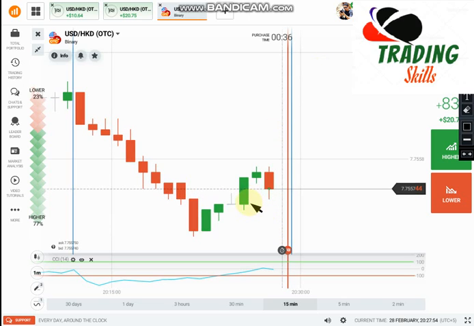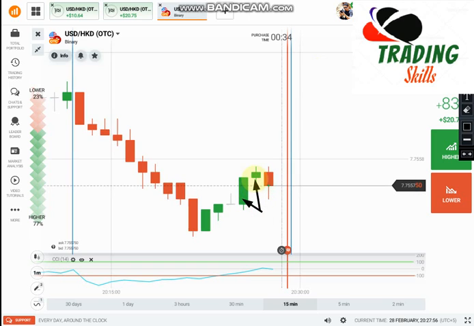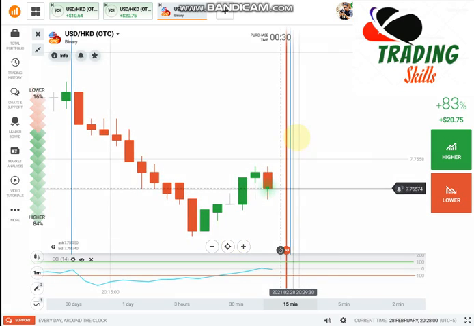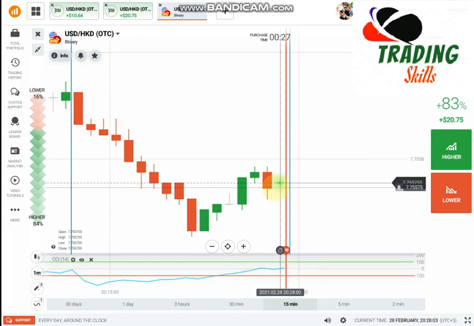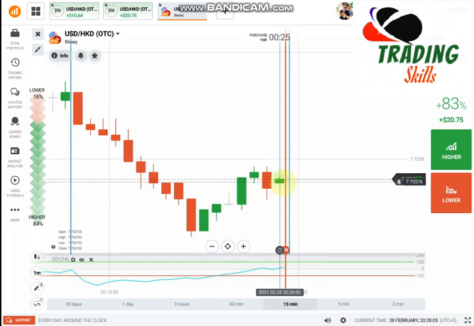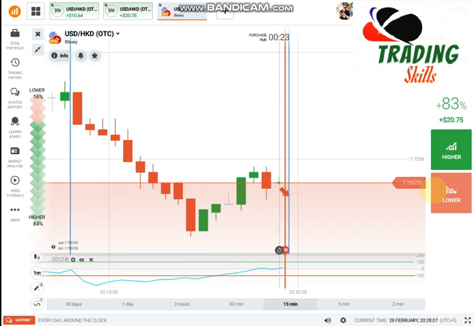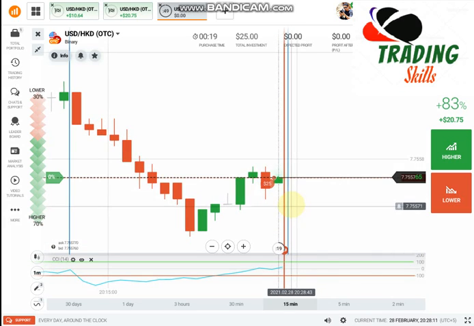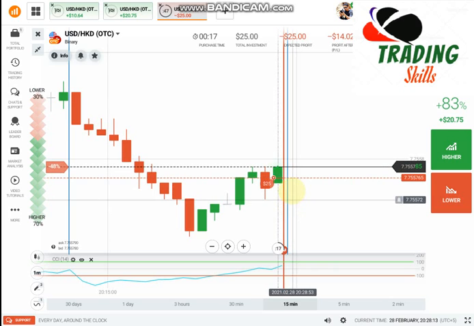Why? Because buyers were strong, now they are weak. So therefore now you can see an engulfing candlestick. After this, now I can go with the sellers. So I have taken my trade in a down direction.